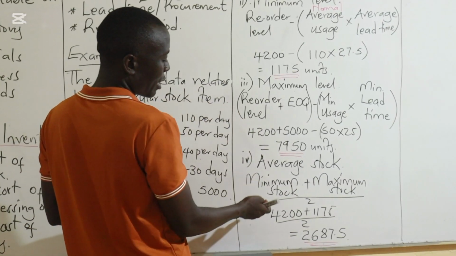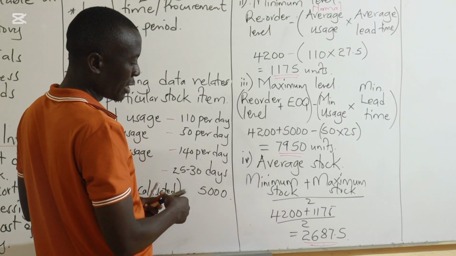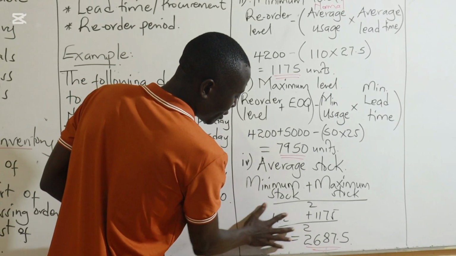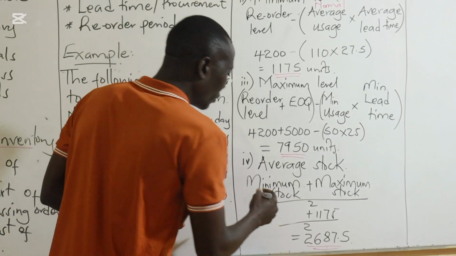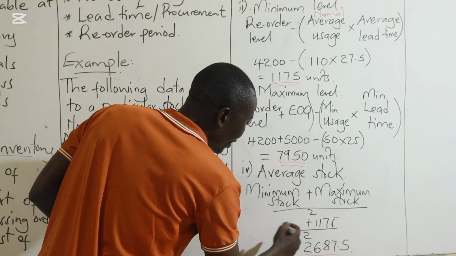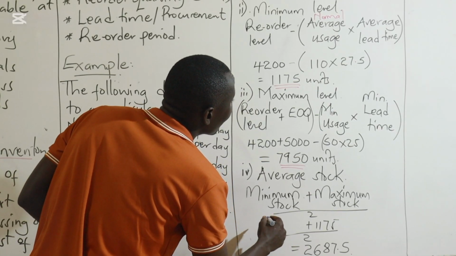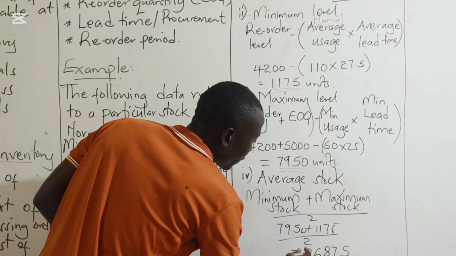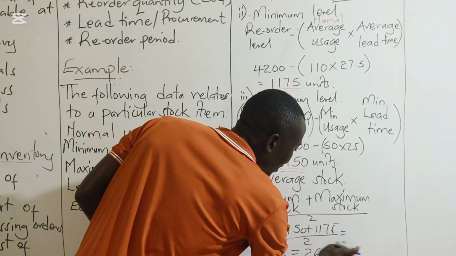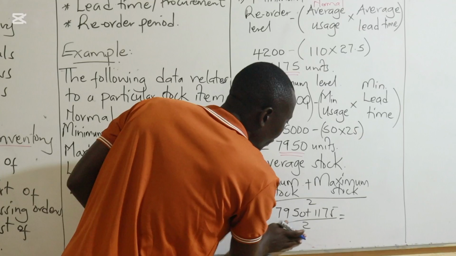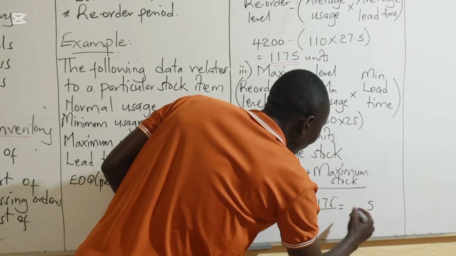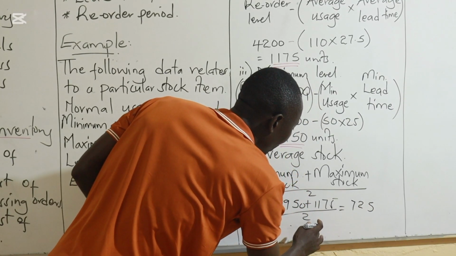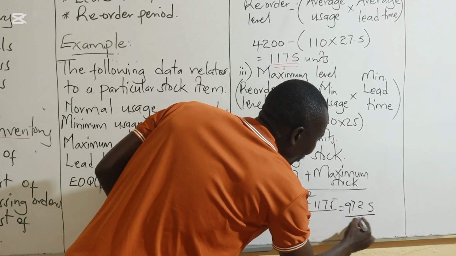And therefore, as we have calculated, the minimum stock level is 1,175, and the maximum stock level is 7,950, and this gives us a total of 9,125 divided by 2.